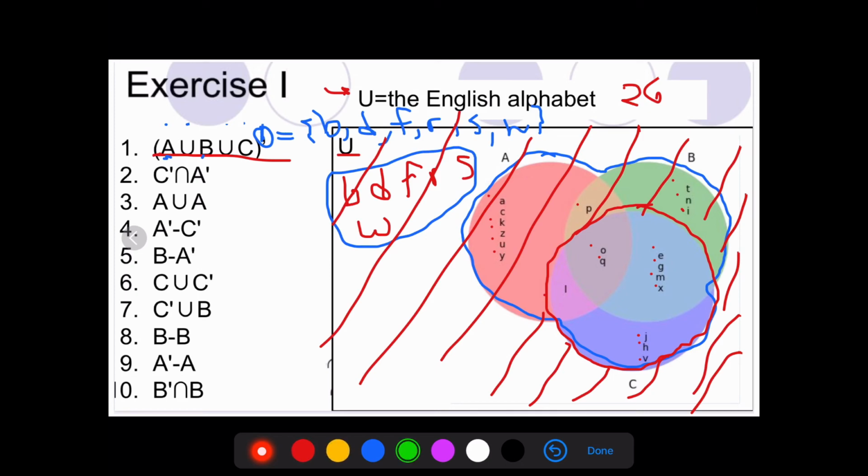Let's try green instead. So the complement of A is everything that's not in A. So that's all this stuff over here. And we have to look at the circle that's A. Okay.